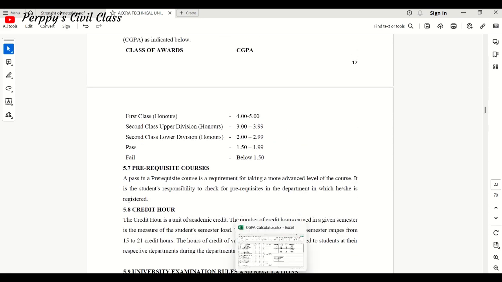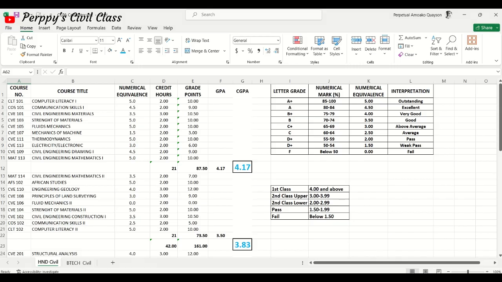Okay, so let's move on to the Excel file that teaches us how to calculate our GPA. I prepared this Excel file based on a civil engineering program.